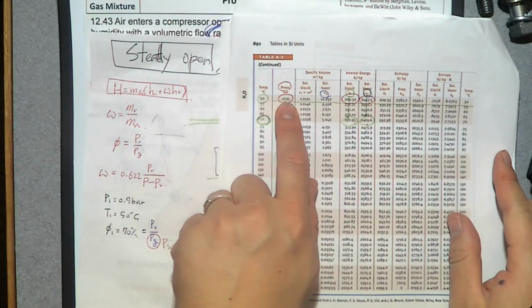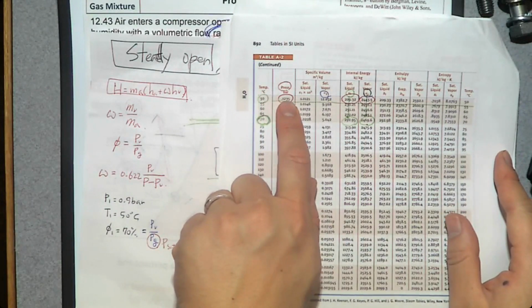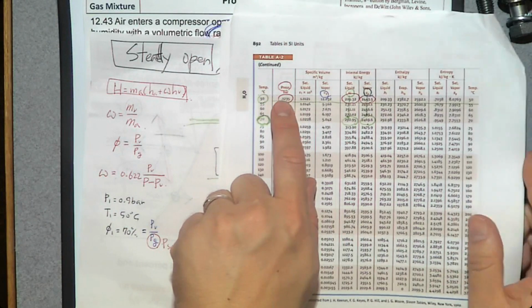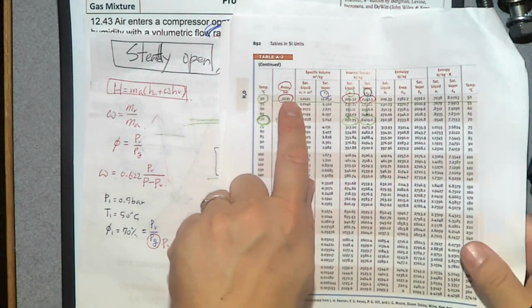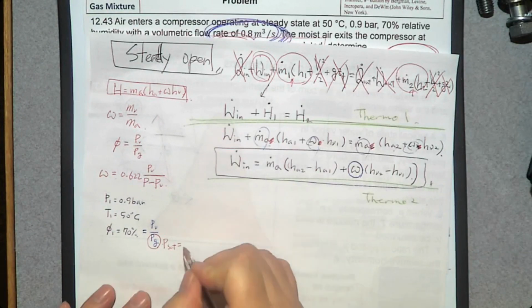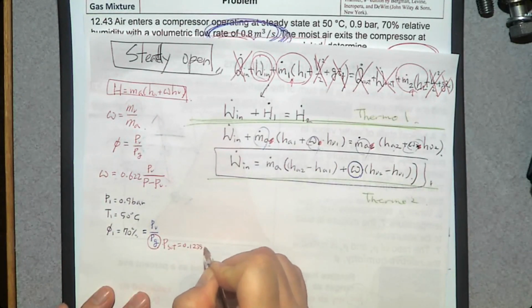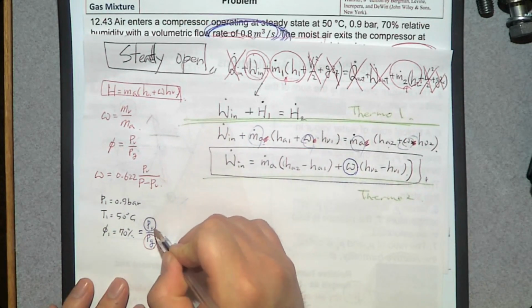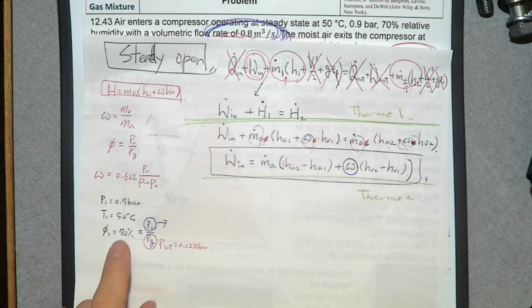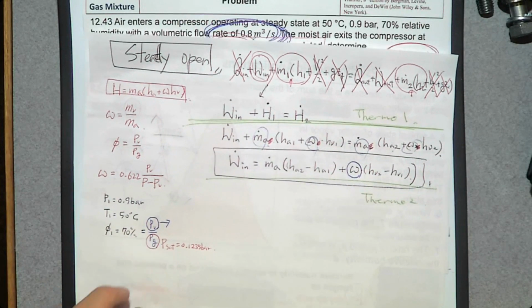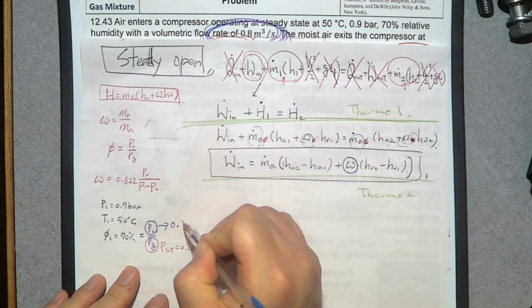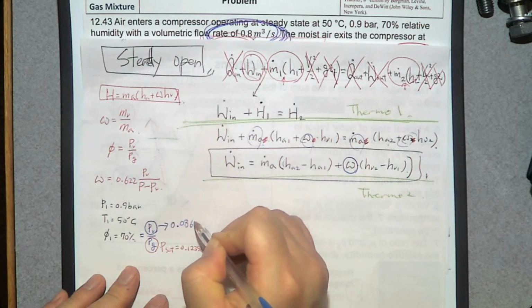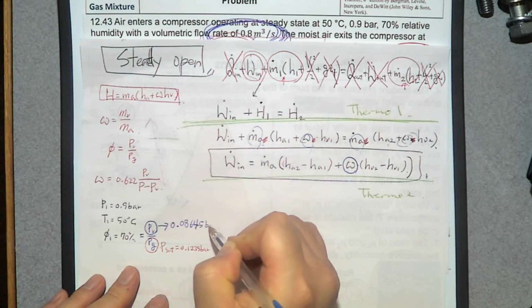What is the saturation pressure? 0.1235 bar. Then from here, we can determine PV. What is PV? Phi is 0.7, so we can calculate PV, that is 0.08645 bar.